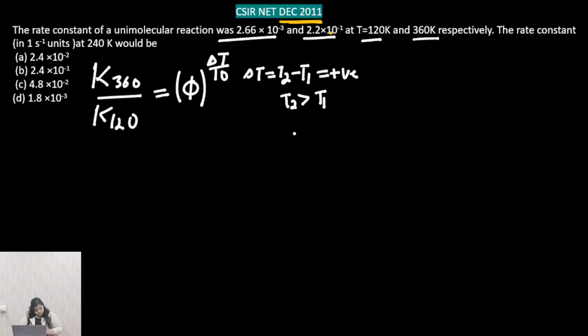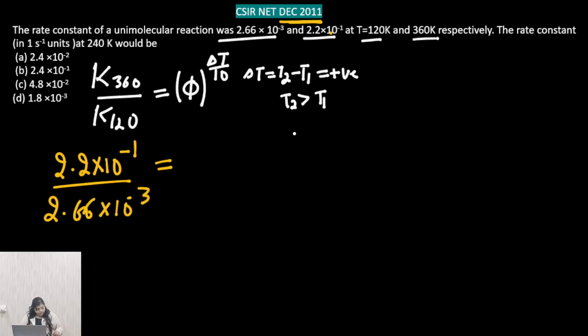Okay, so K at 360 Kelvin we are having the value of 2.2 into 10 raised to the power of minus 1, and at 120 we are having the value of 2.66 into 10 raised to the power of minus 3. This is equal to phi raised to the power of delta T upon 10, where delta T is 360 minus 120, upon 10, right?